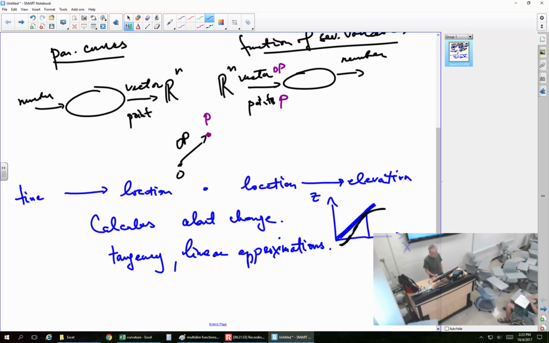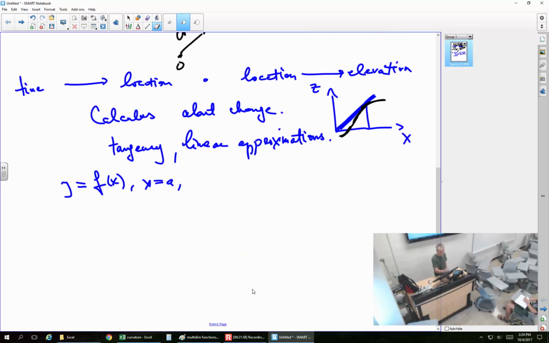Well, to begin with, in calculus 1, it is a tangent line, right? Let me just refresh your memory: y equals f of x, x equals a, tangent line. Let's start from scratch, and that is the secant line. I'm looking at my curve, this is my a, and then I make a step, a plus h.